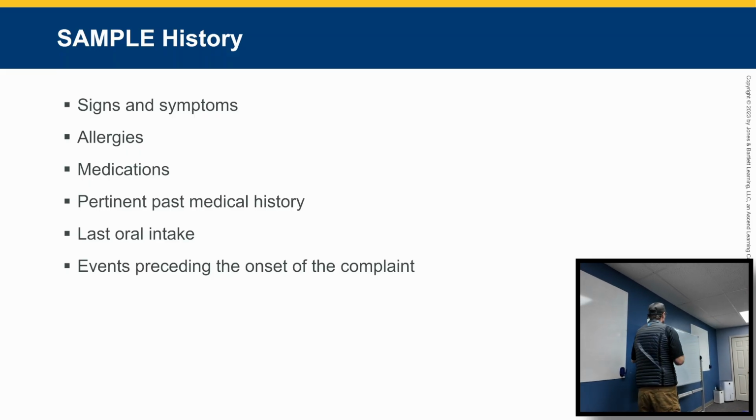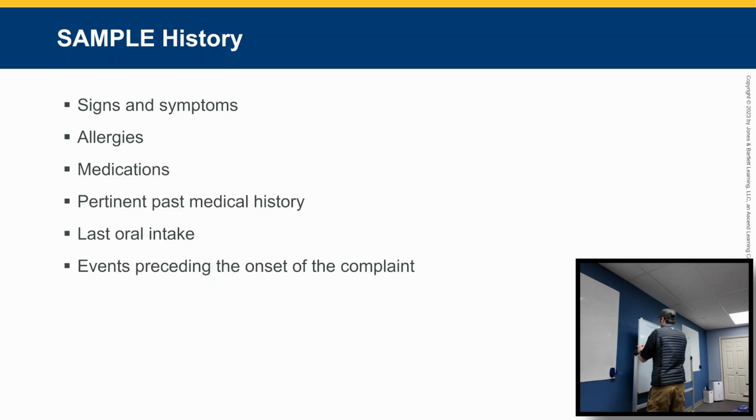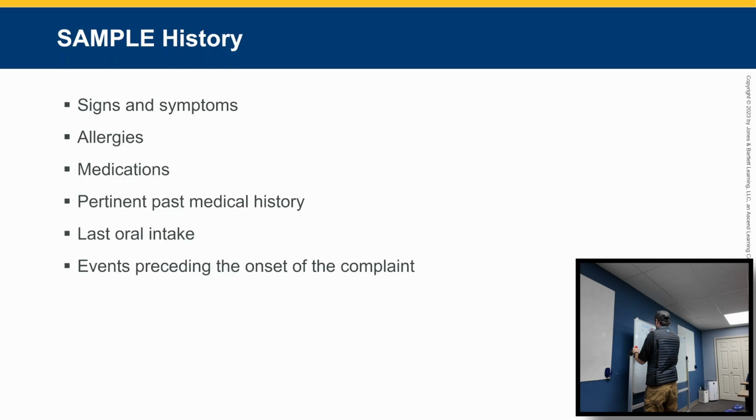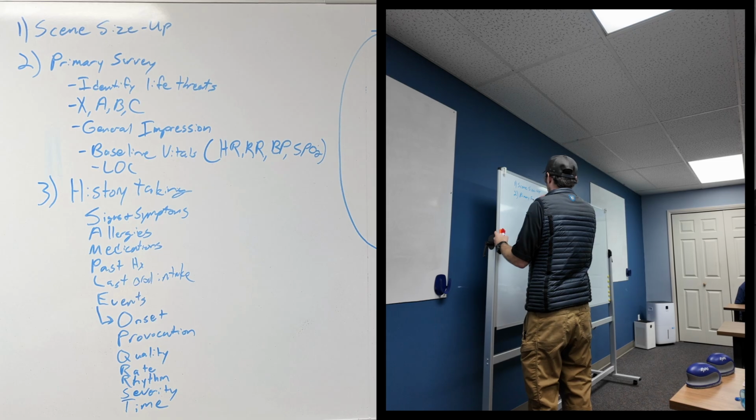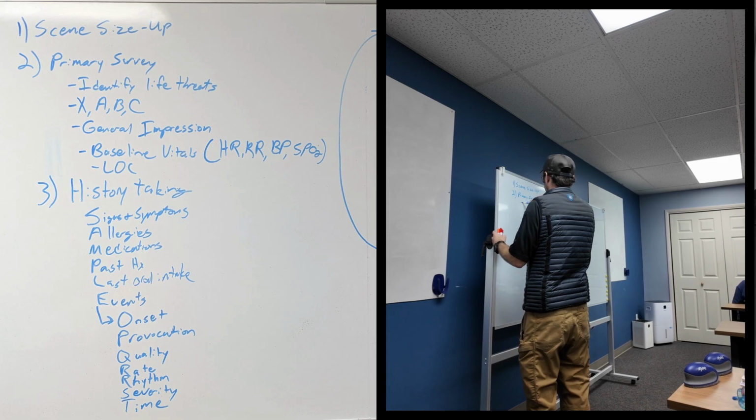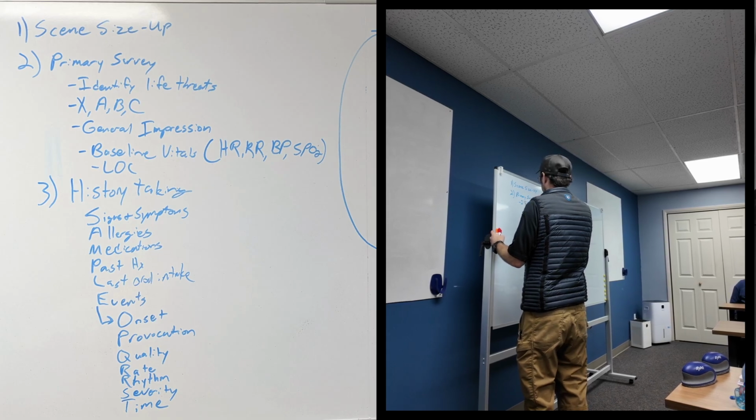Well, this is just general practice: show up, wear your PPE, make sure the scene is safe. In scenarios you have to verbalize some of that, but in the real world you're doing that every time you go to a call. Number of patients, mechanism of injury, nature of illness.